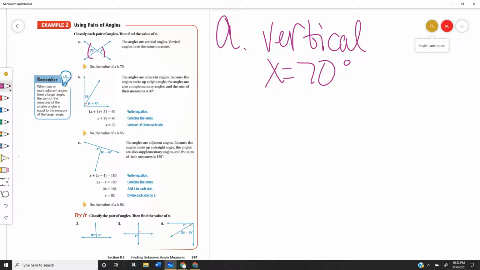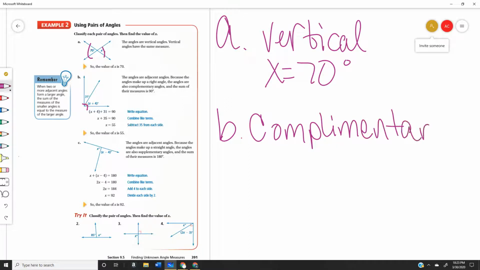In B, they form a right angle. We see that right angle symbol right there. So these are complementary. We know that complementary angles equal 90 degrees.